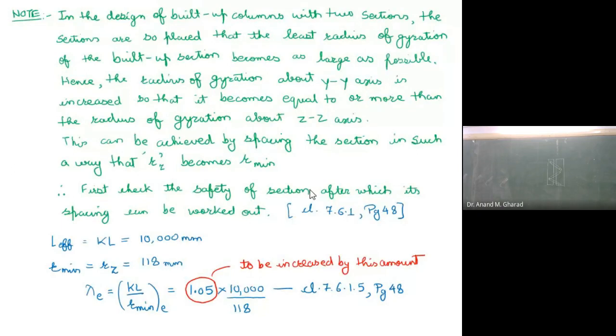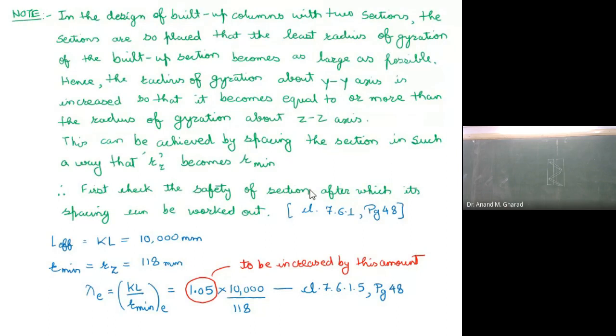Right. So this is the important note. It says that in the design of built-up columns with two sections, the sections are to be placed in such a manner that the least radius of gyration of the built-up section becomes as large as possible. Hence, the radius of gyration about the YY axis is increased so that it becomes equal to or more than the radius of gyration about the ZZ axis.